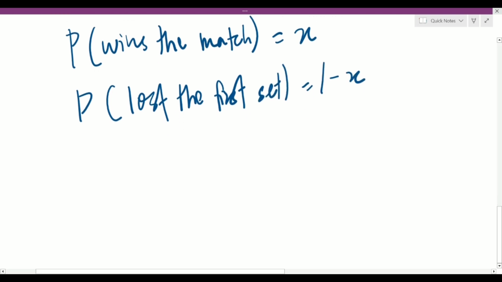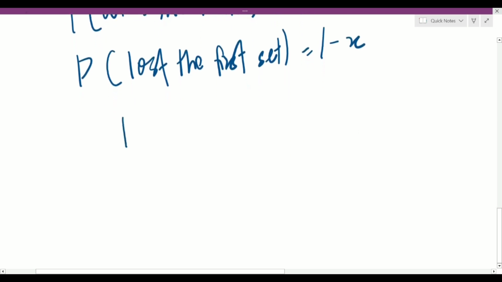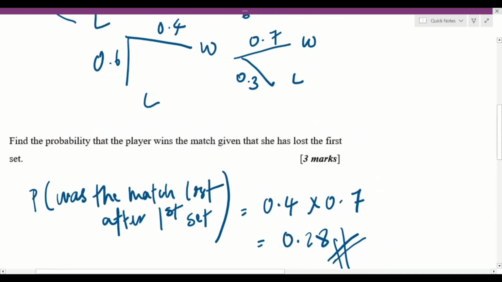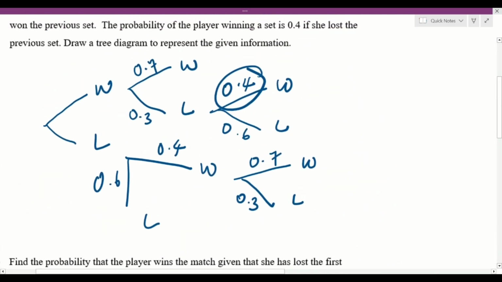So now we know that the probability that she wins the match is 0.64. Referring to the diagram just now, the probability of win here is 0.7, right? And the probability here of win is 0.3 and also 0.4 again.